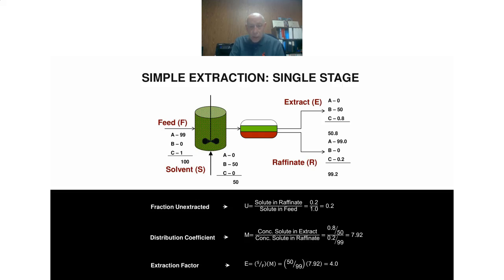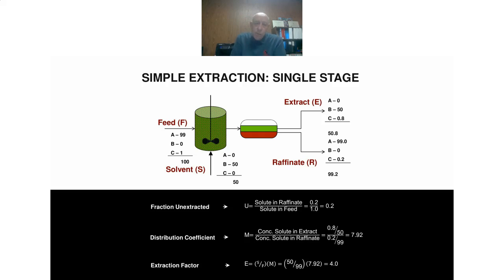Here we're showing it to be pretty high at about 8. So what you really want to do is find a solvent with as high a distribution coefficient for this material that you want to remove, and then of course low as possible for things you don't want to remove from that feed. And then there's the extraction factor. That's this distribution coefficient, M, times the solvent to feed ratio. And in this particular case, we're showing it to be 4.